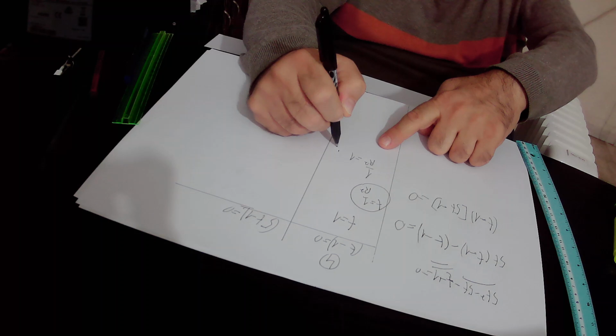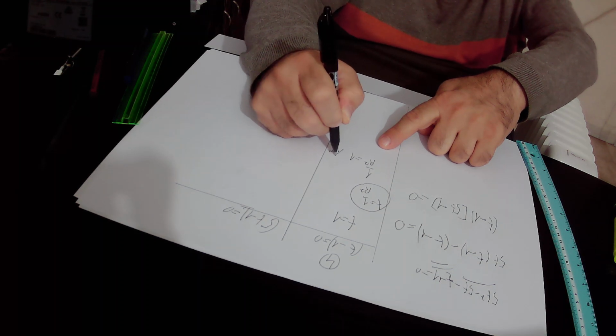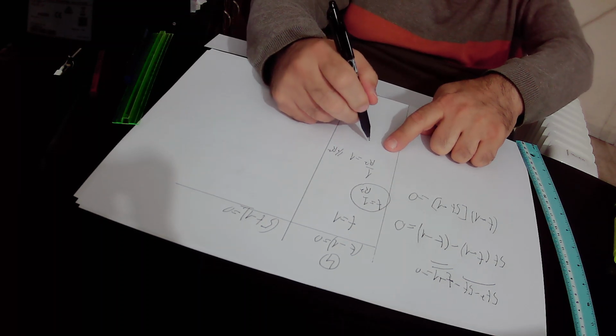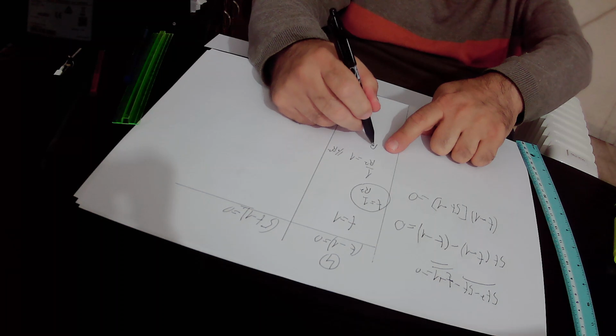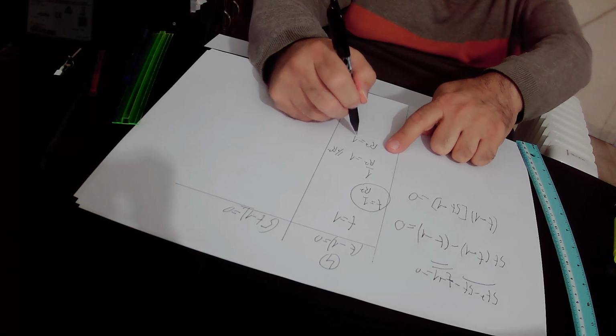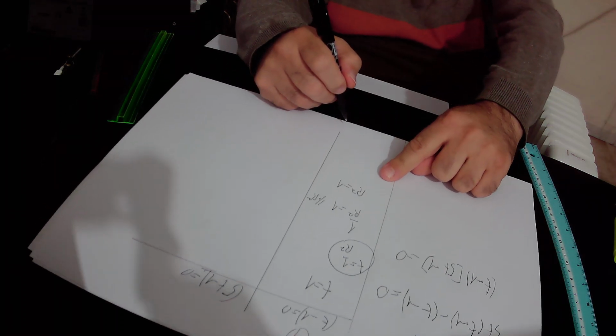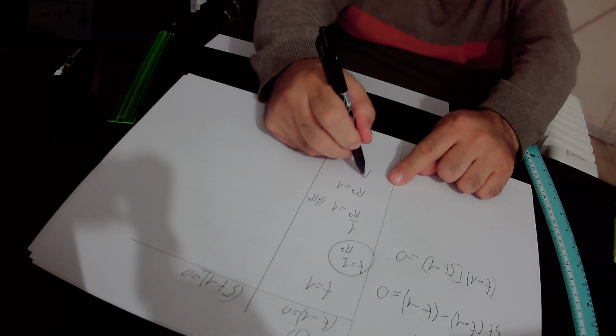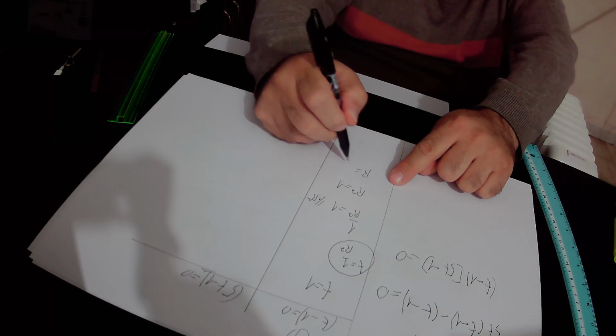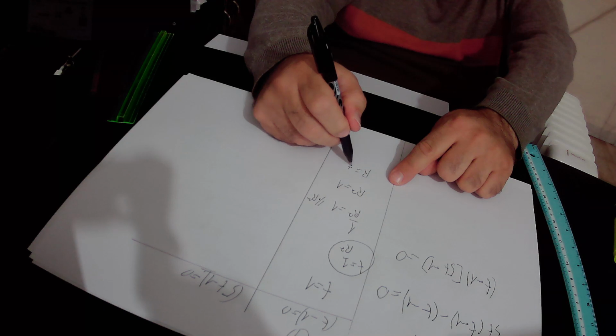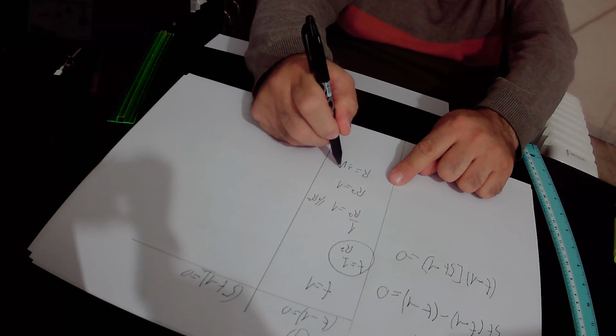We multiply this equation by r squared, and we get that r squared equals 1. We take a root of this equation, and we get that r equals plus or minus the square root of 1.